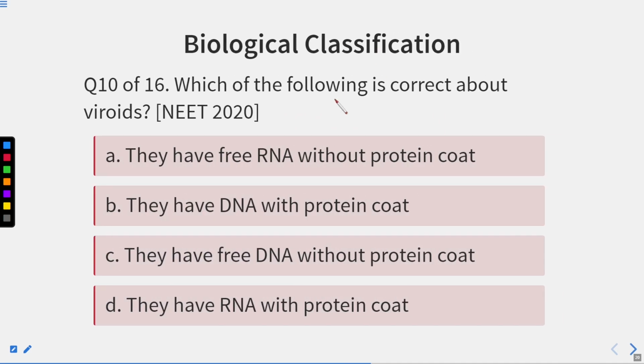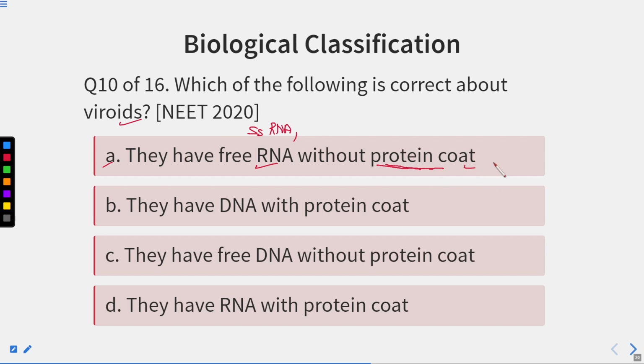The next question is, which of the following is correct about viroids? These are the options A, B, C and D. Let's talk about the first option. They are free RNA without the protein coat. We have already discussed viroids. Viroids are single-stranded RNA without the protein coat. They don't consist of a protein coat, which is present in the bacteriophage.